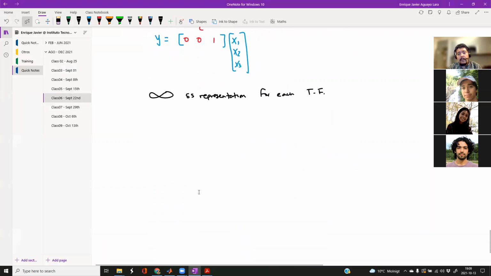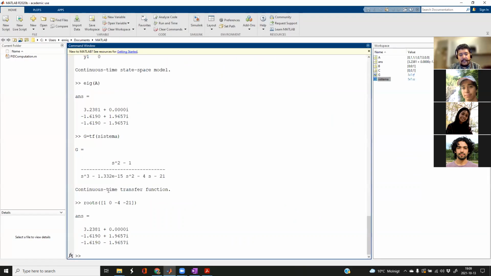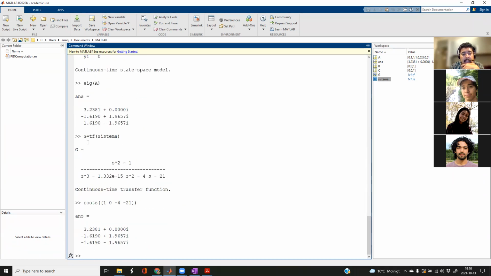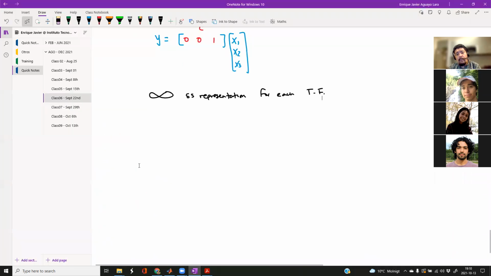Then, of course, we can make a transformation from any transfer function to an infinite amount of state space representations, and from any state space representation to a transfer function, okay? I just did it in here. So I got a transfer function from a state space representation. But let's do it the other way around.